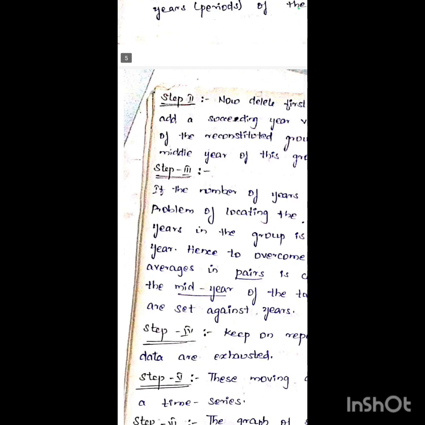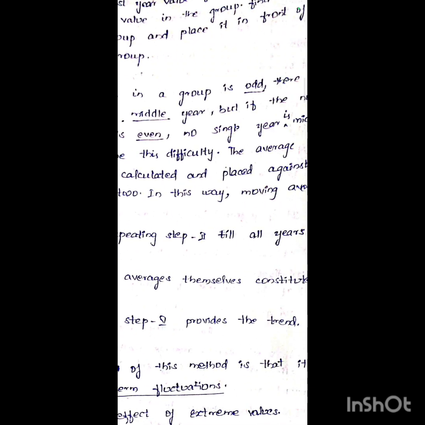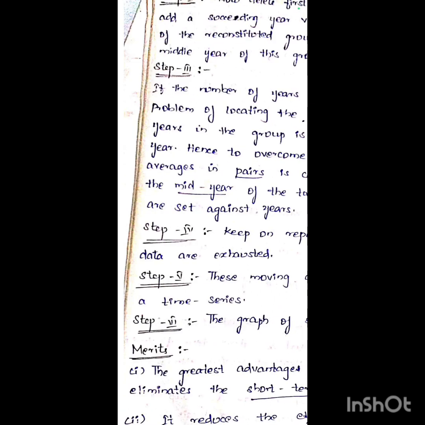Step number 3: if the number of years in a group is odd, there is no problem of locating the middle year. But if the number of years in the group is even, no single year is the middle, so you have to overcome this difficulty. The average of averages in pairs is calculated and placed against the mid year of the two.